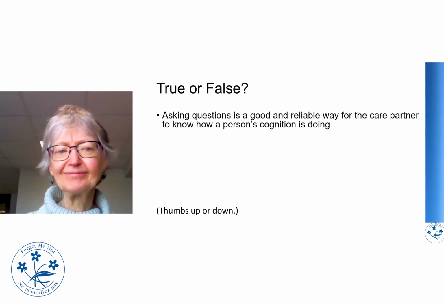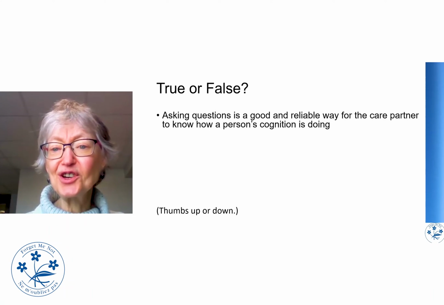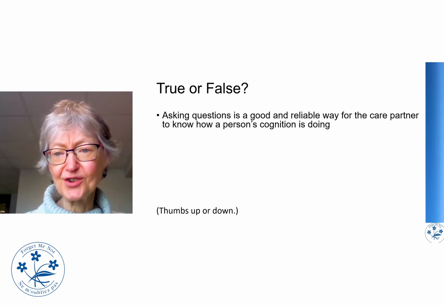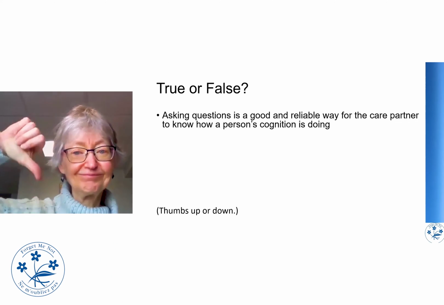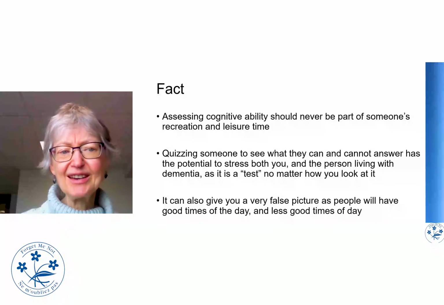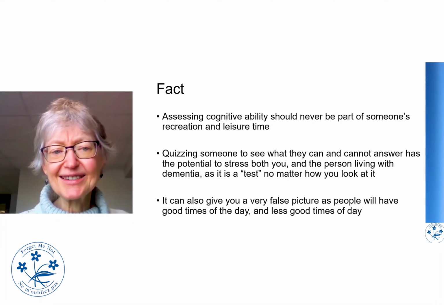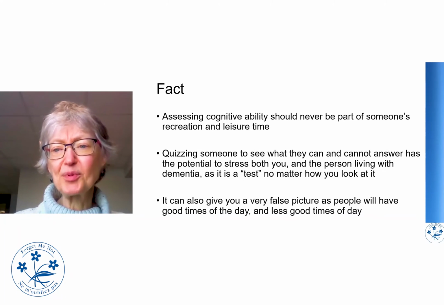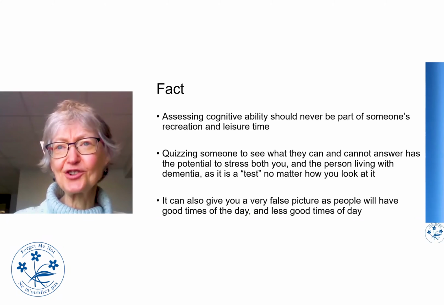True or false? Asking questions is a good and reliable way for the care partner to know how a person's cognition is doing. Thumbs down on that one. The fact of the matter is that assessing cognitive ability should never be part of someone's recreation and leisure time.